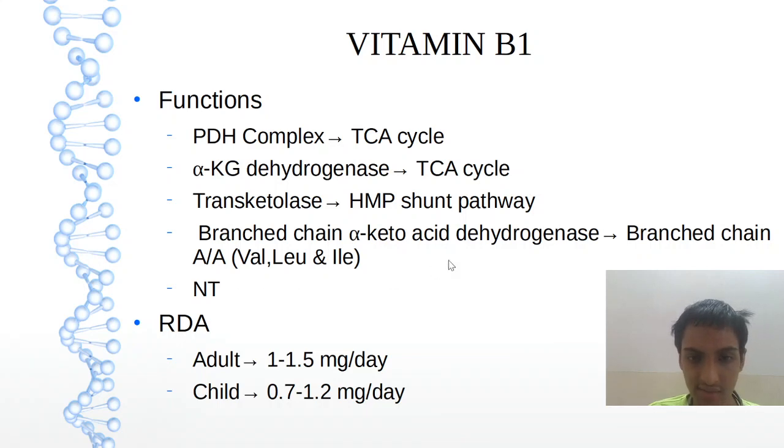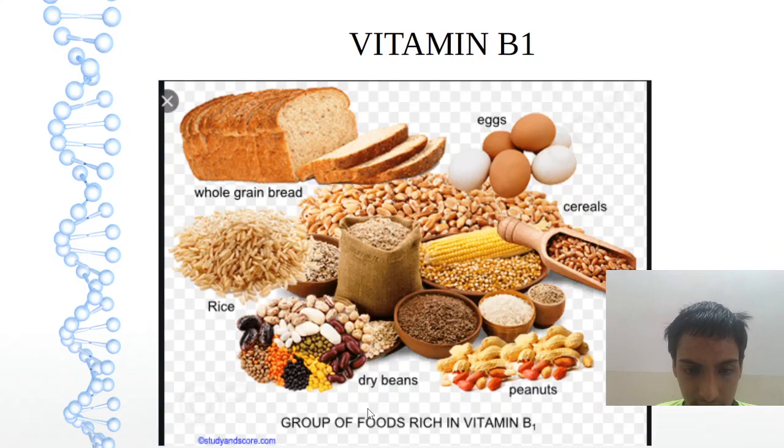In amino acids, we have the branched chain alpha keto acid dehydrogenase for branched chain amino acids. Then neurotransmission. In carbohydrates, you can take one example, transketolase of the HMP shunt pathway. And RDA for adults is 1 to 1.5 milligrams per day, for children 0.7 to 1.2 milligrams per day.